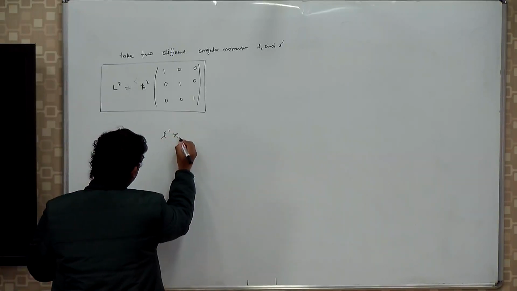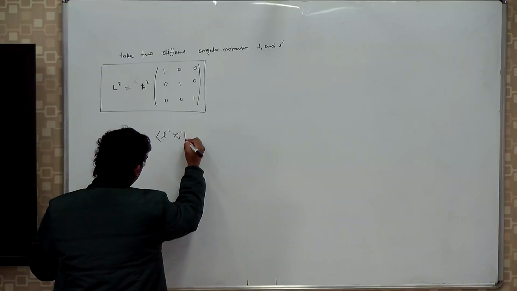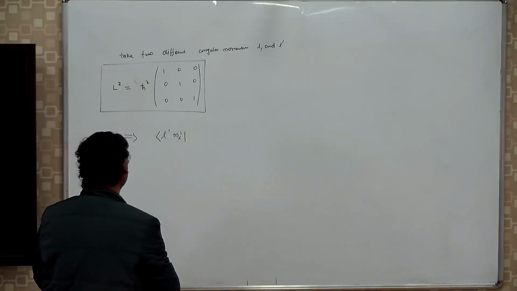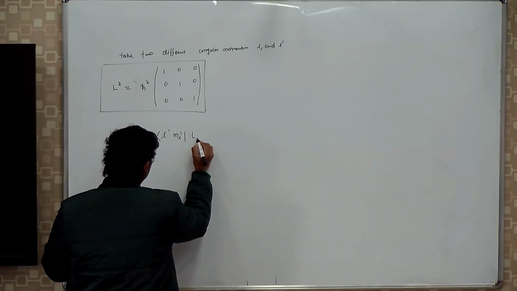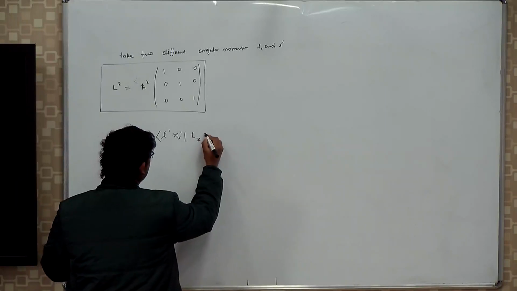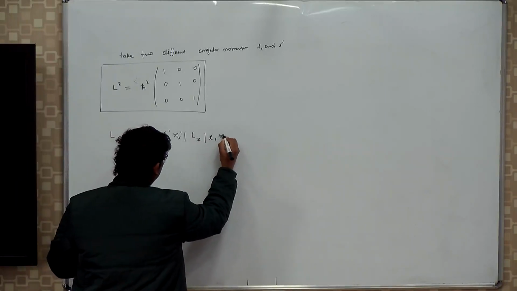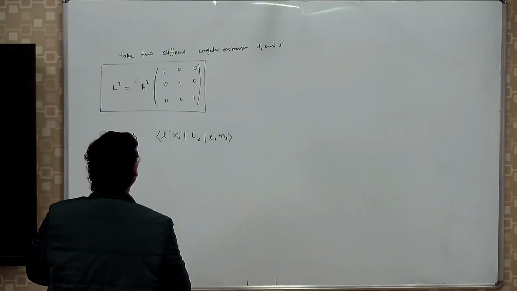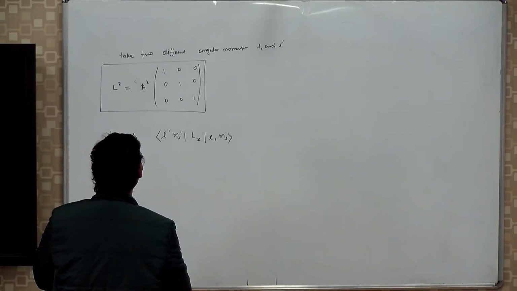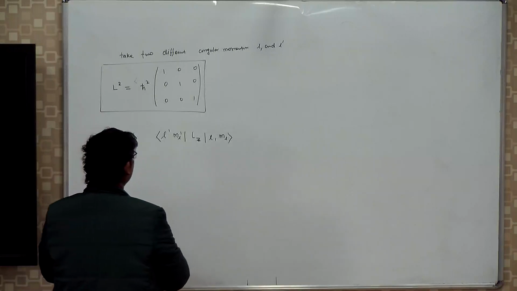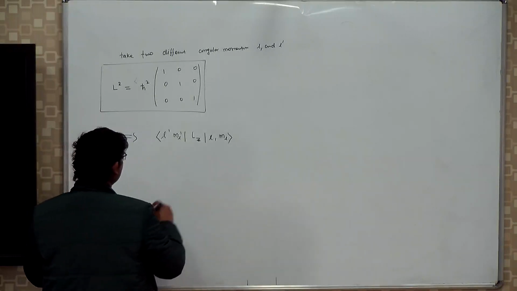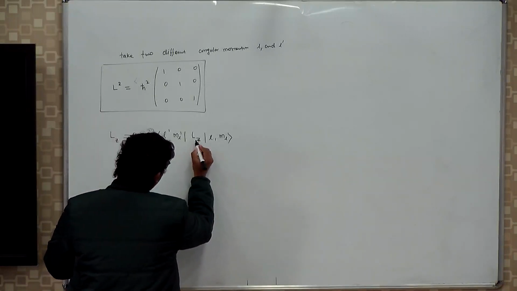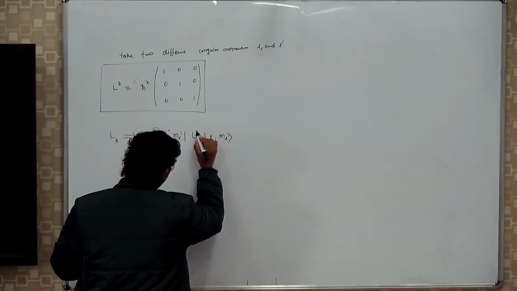With L dash and L, according to the orthogonality condition, we can write the expectation value of Lz when the Lz operator acts on this quantum state.